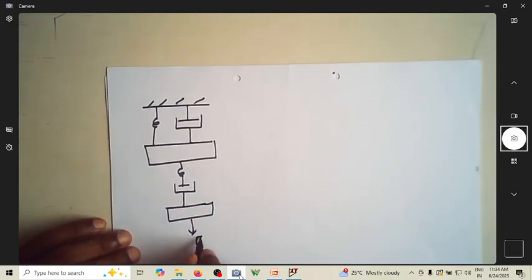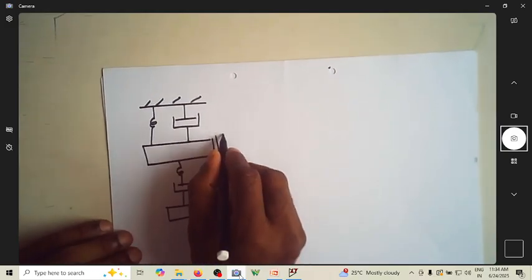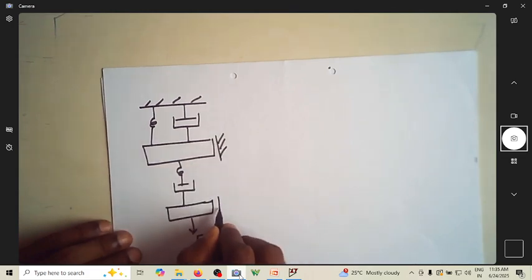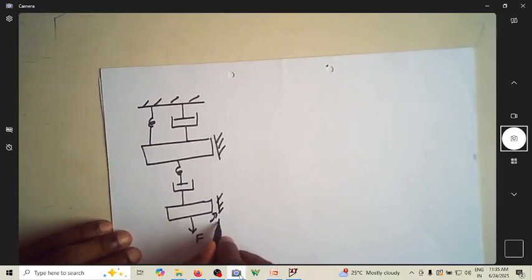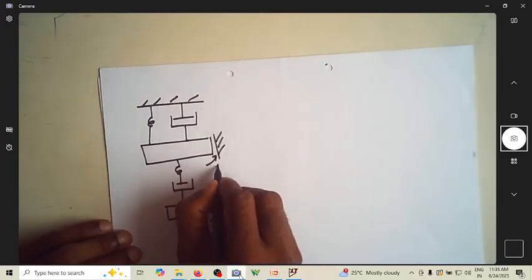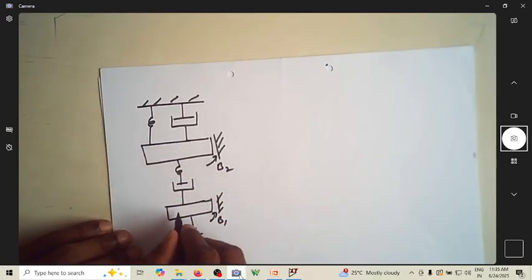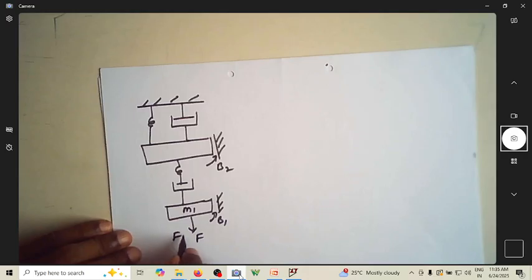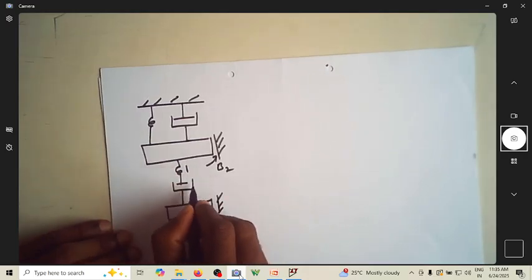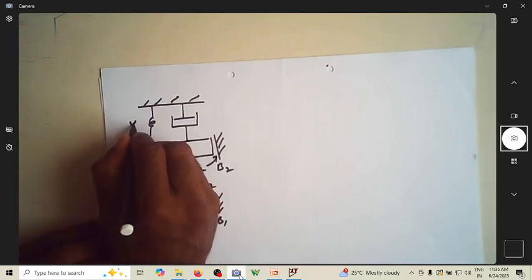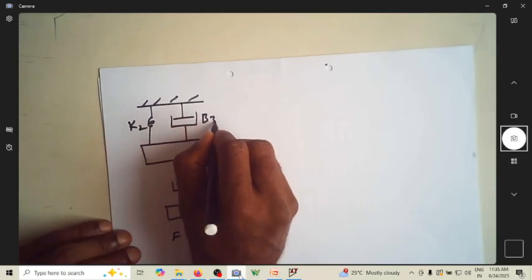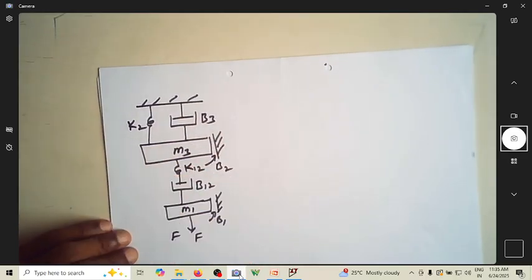This is the force. Let us assume that this has a friction B1, and this has a friction B2. Let us assume that this is M1, this is force, this is B12. Let us assume this is K12, this is K2, this is B3, this is M3.